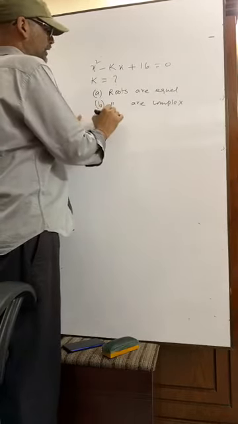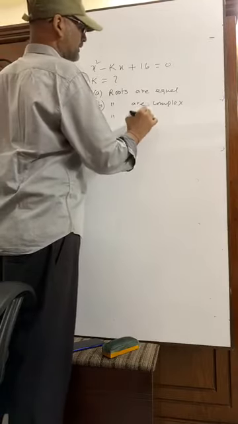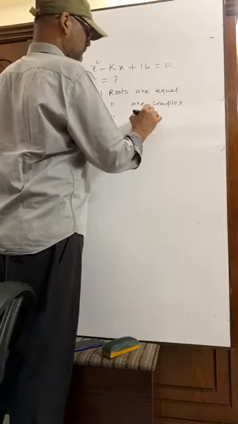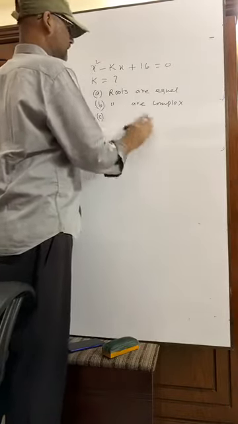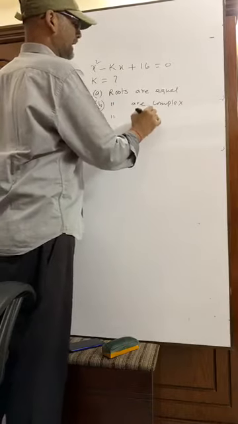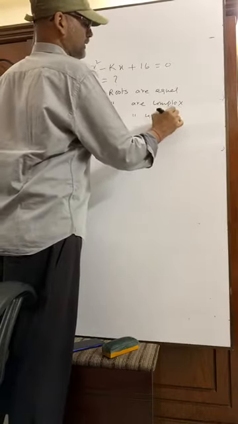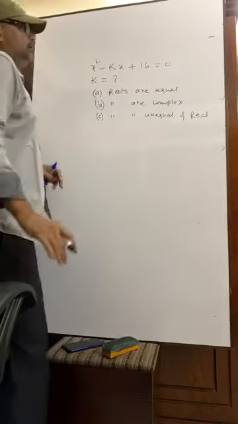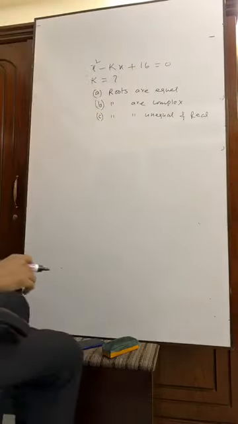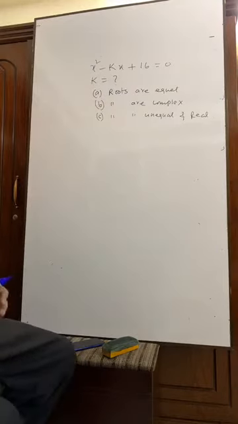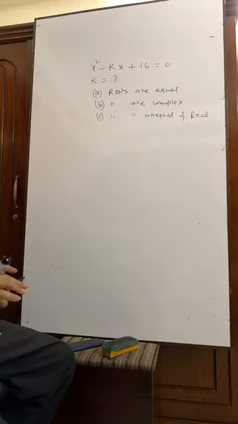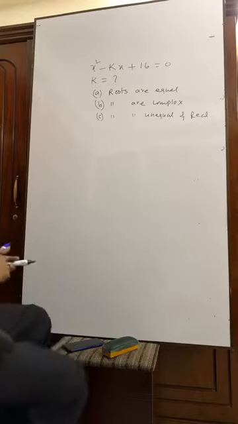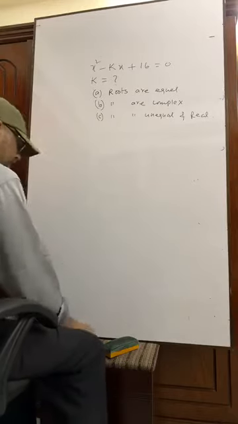What is k when roots are unequal and real? Do it. The conditions are roots are equal, roots are complex, and roots are unequal and real. Can you do it? Answer me.